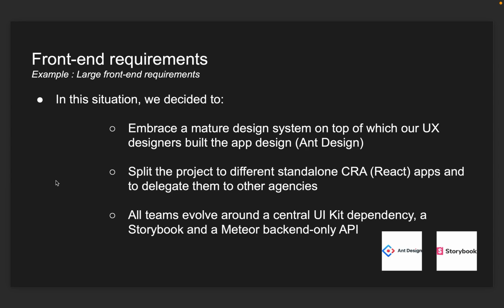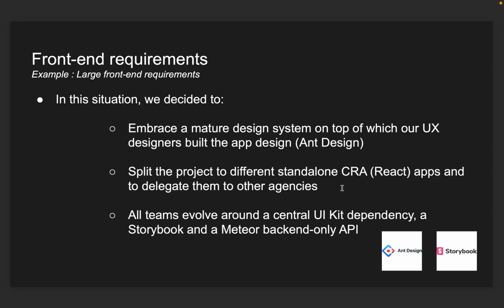So it's interesting here, first of all, in order to go in an agile way, to not reinvent the wheel and embrace a mature design system. In our case, we took Ant Design. It's a famous React business design system with a UI kit. We split the project into 3 different React standalone applications, and we gave them to teams that know nothing about Meteor.